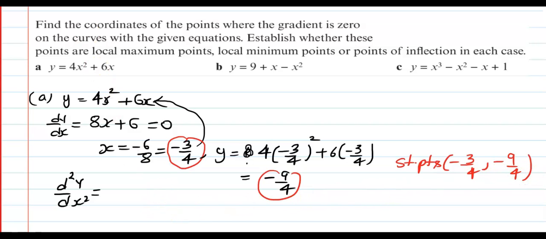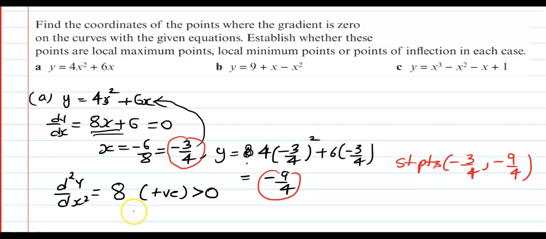Is that okay? Now d2y over dx2, if you differentiate again, you will get positive 8 without x. That is a good thing. This 8 is positive, meaning greater than 0.